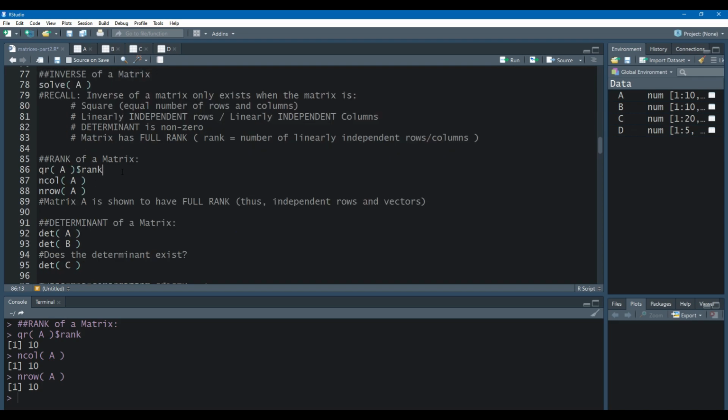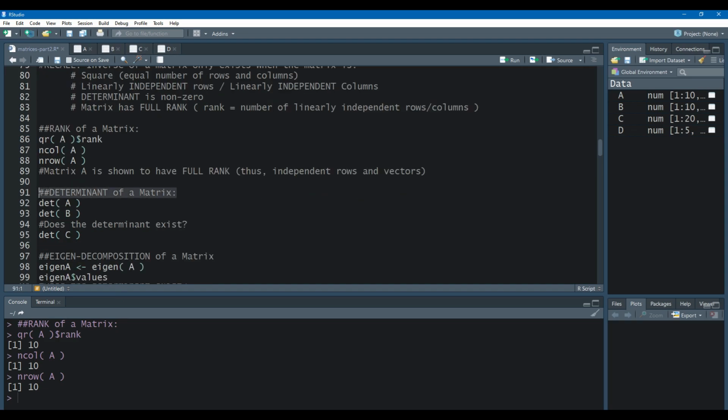So the rank simply describes how many linearly independent columns and rows you have in a matrix. And if you have full rank, that means you have a linearly independent matrix. Similarly, the determinant of a matrix is a concept related to inverses and linear independence, but the determinant is a scaling value.